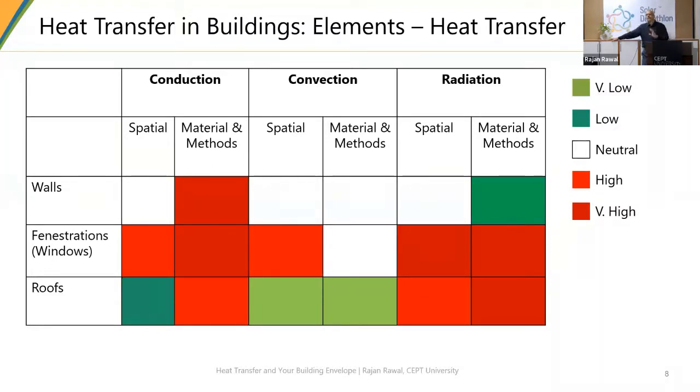Now, what is the material which you are using for fenestration? Like in older days, are you having wooden panes, or are you having glass? That also makes a huge difference in heat transfer. So that's about conduction. Conduction, spatial, conduction, material. Now, convection and a spatial part along with the fenestration.